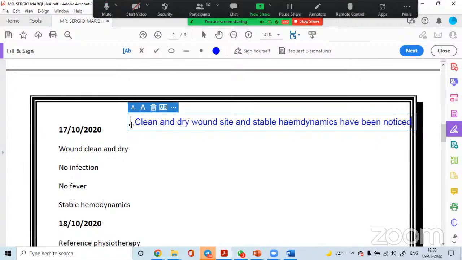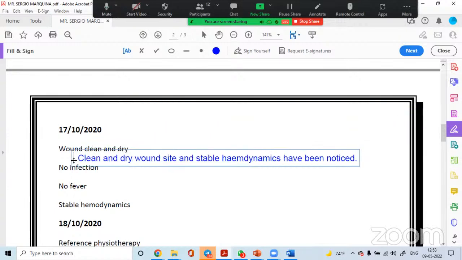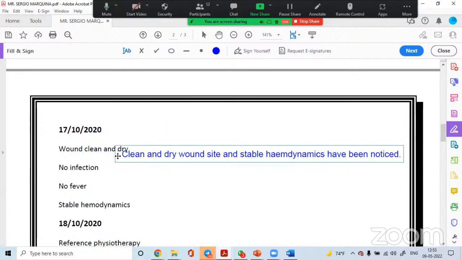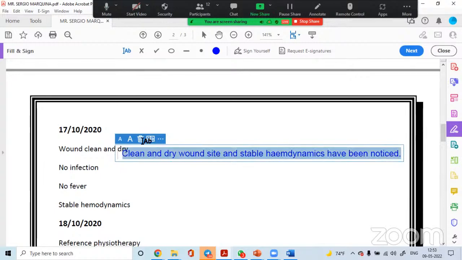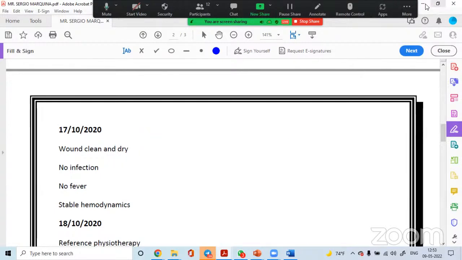So clean and dry wound site and stable hemodynamics have been noticed. So both of them together you can write like this.